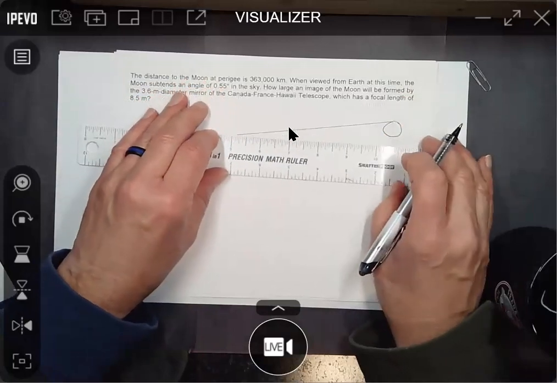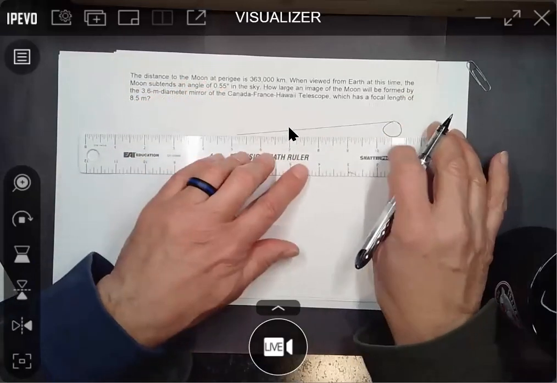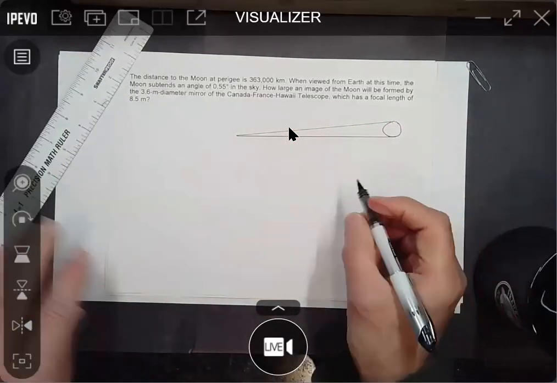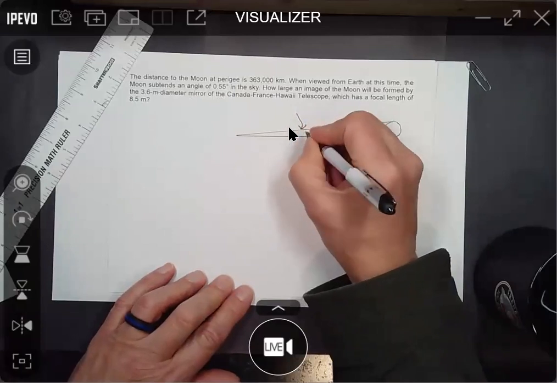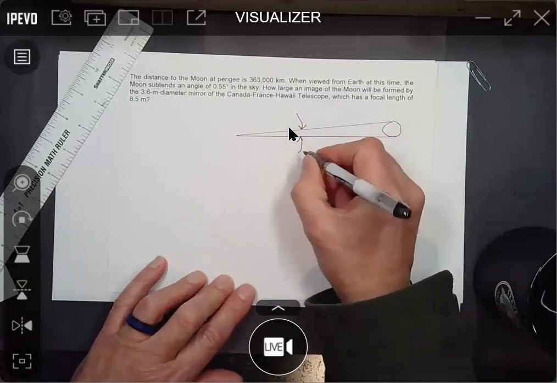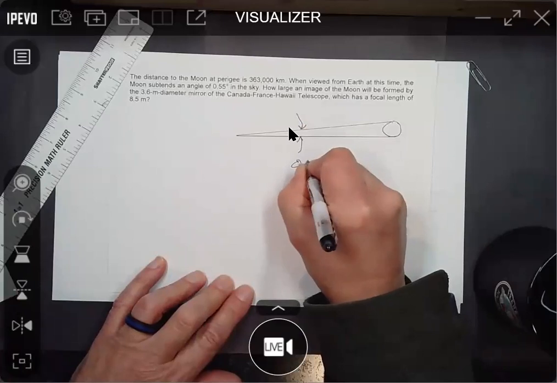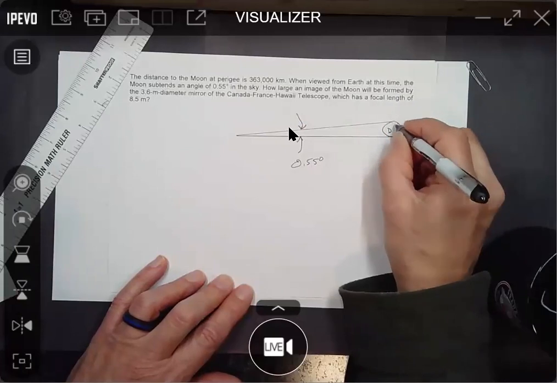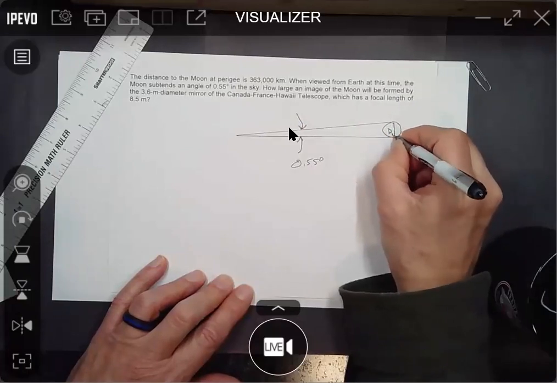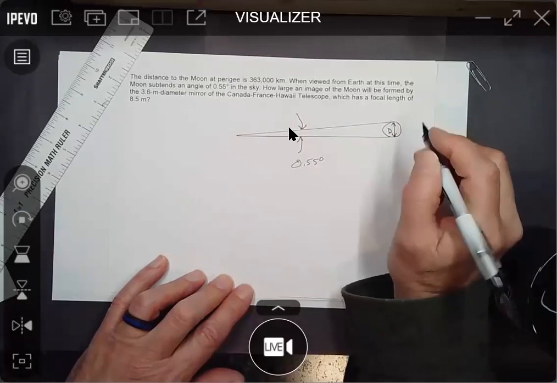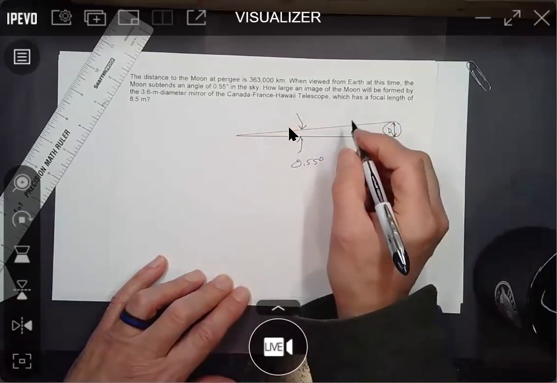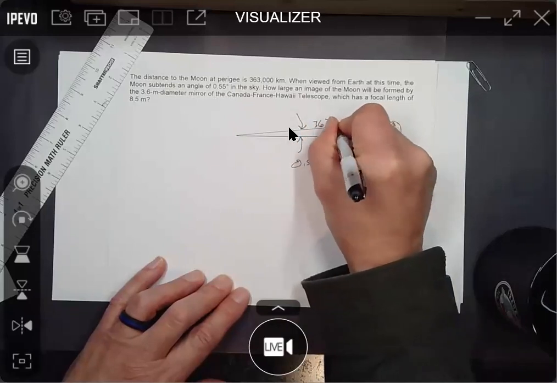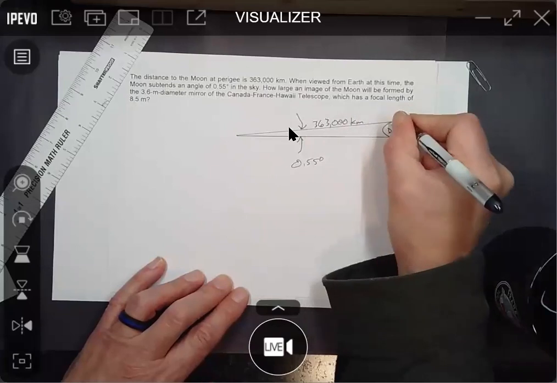this thing is subtending a pretty small angle in the sky. So this thing here is 0.55 degrees. And at some point, I'm going to want to know the diameter of the moon. So I think I'll just figure it out. This distance here to the moon is 363,000 kilometers.